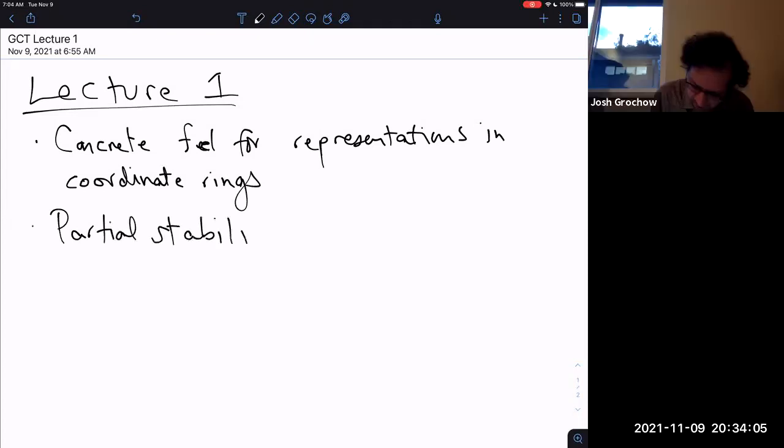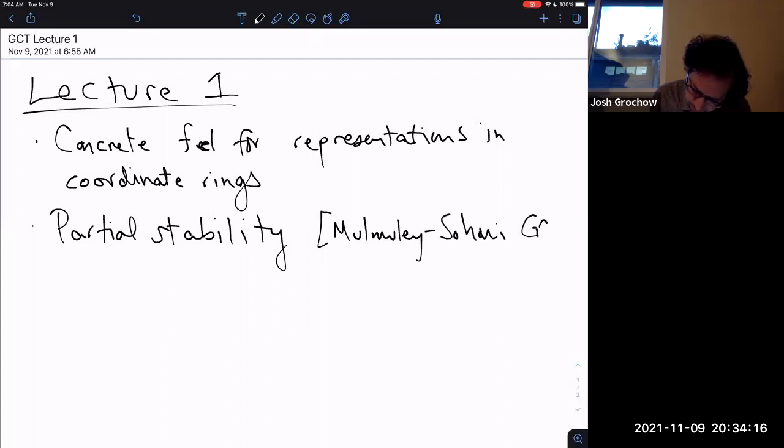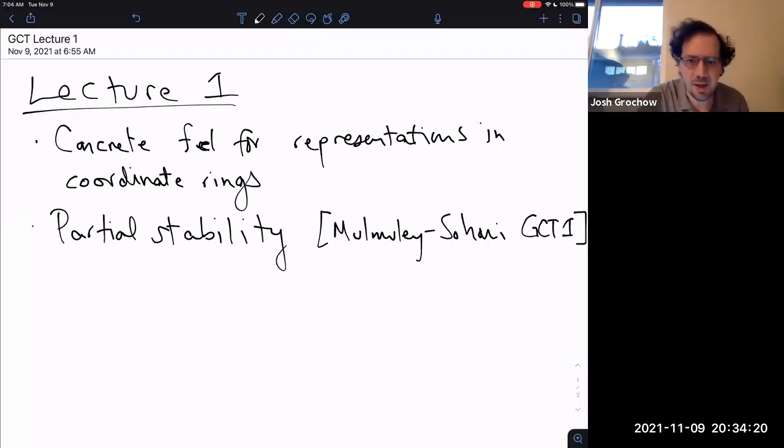That's a generalization of the notion of stability from geometric invariant theory that was defined by Mulmuley and Sohoni in GCT1. And then we'll do some examples, and talk a little bit about why partial stability might be important.